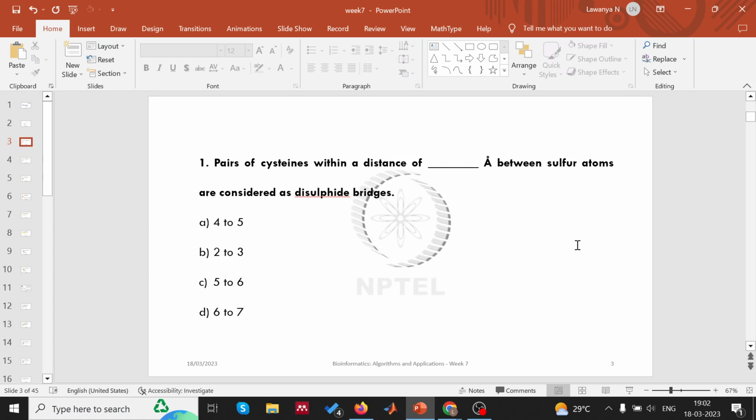Looking into the first question, pairs of cysteines within a distance of dash angstrom between sulfur atoms are considered as disulfide bridges.